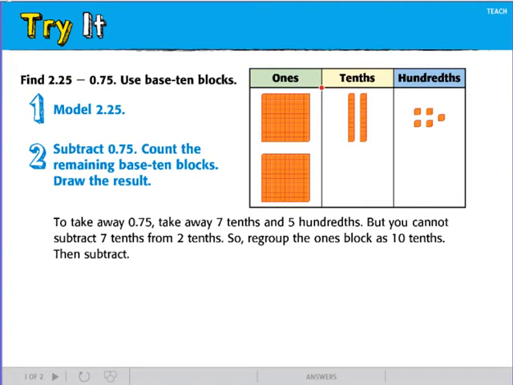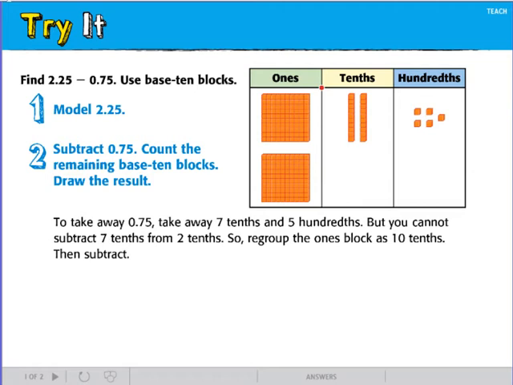All right. Now, we did some inline subtraction, which we're going to do here in a little bit after this lesson as well. But we had to regroup, right? So if we look here, we have 2 and 25 hundredths.